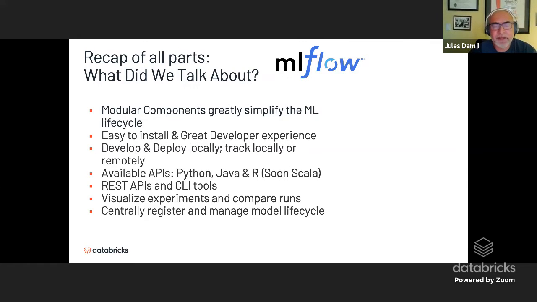As I said, the Python client is available in the programming languages that you like, in Python or in Java or in R, and soon to have one in Scala. All the REST APIs are available for you to talk to the tracking server or the registry from any application you want. So you're not tied to just using Python. If anything uses a REST API, you can use those APIs to connect to all these different components.